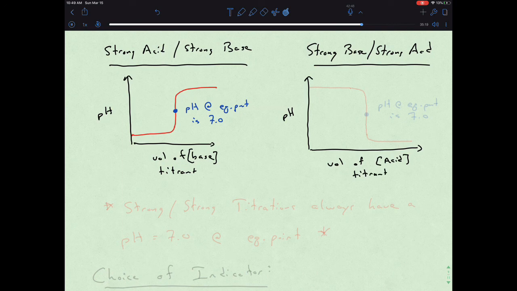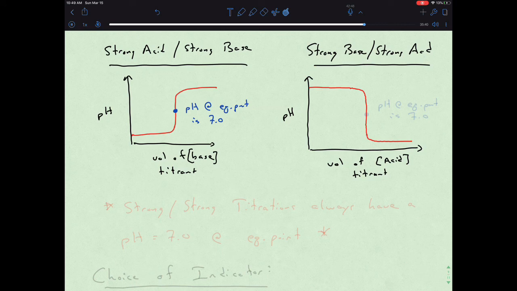Meaning that now we're going to start very basic at the initial point, but again, it's going to be pretty flat. And then we have, again, that very steep curve, and then it gets flat again.